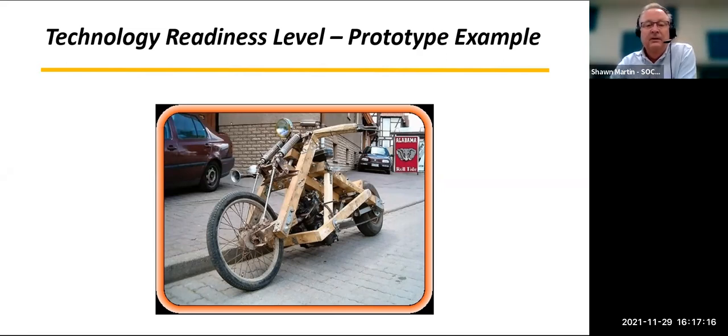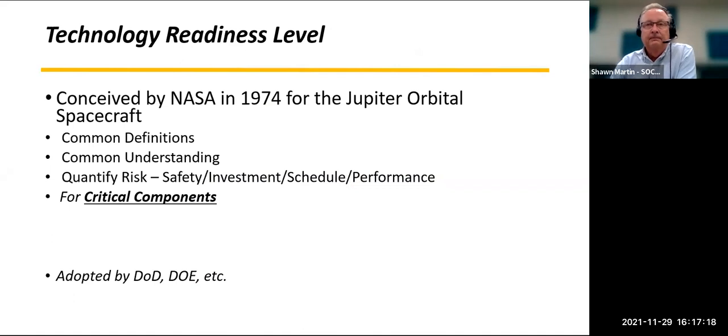So we'll move on. Technology readiness level really started in a formal sense by NASA during the Jupiter orbital spacecraft program. They were having problems with different design team members having a common understanding of what technology maturity levels were.